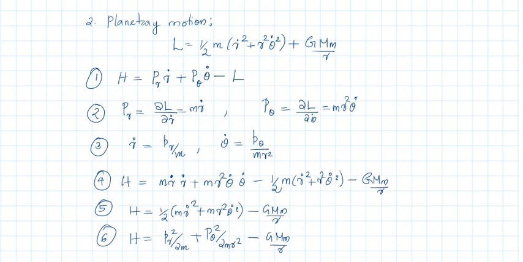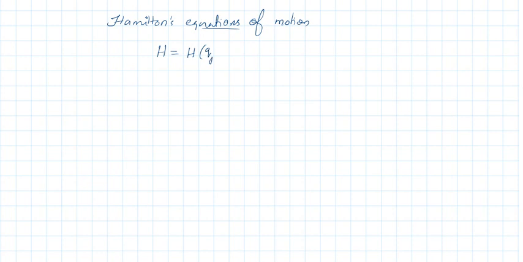Now, I will discuss Hamilton's equations of motion. So you have H, it is a function of q j, p j and t.